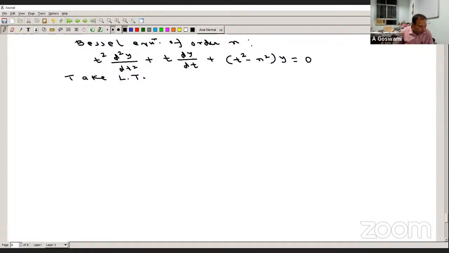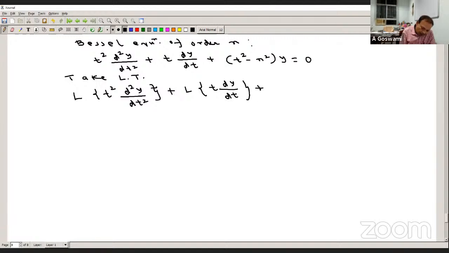on both sides. That means you are getting Laplace transform of t square d2y dt square plus Laplace transform of t dy dt plus Laplace transform of t square minus n square of y equals 0. And you know the value of Laplace transform of t square d2y dt square.